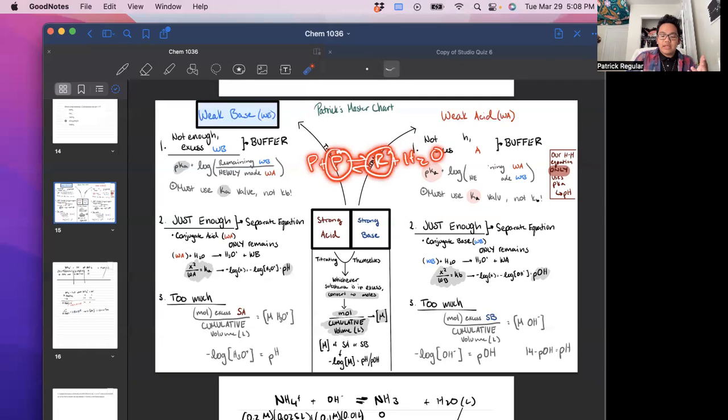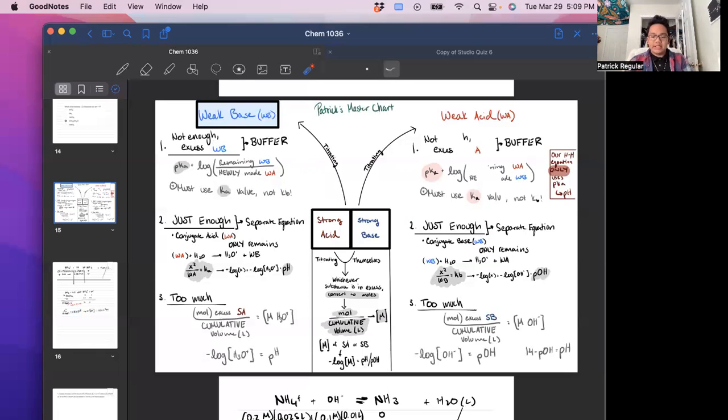We also have newly made, I flipped the P and the R around, so my bad, please ignore that. But you have excess weak base and newly made weak acid from your strong acid titrating your weak base. So this weak acid is your conjugate acid. So at that point, if both are present, then you have a buffer system.